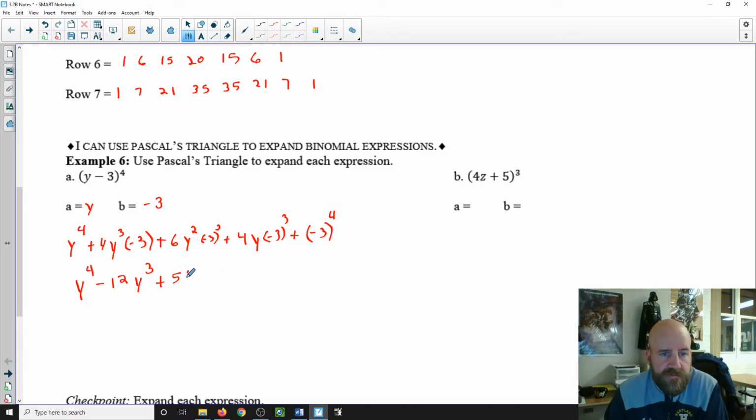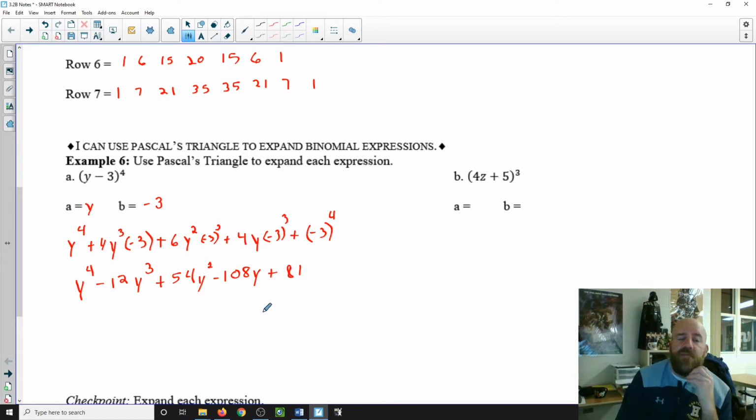So 54 y squared, and then negative 3 cubed is negative 27 times 4 would be negative 108. And a negative 3 to the 4th is 81. So that would be our equation.